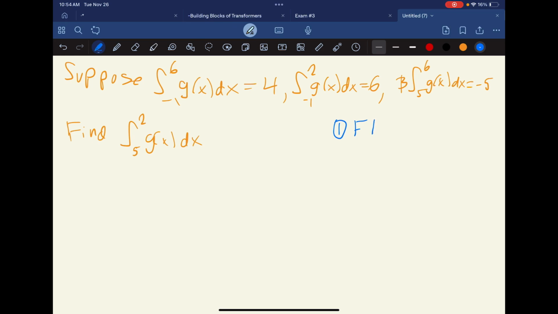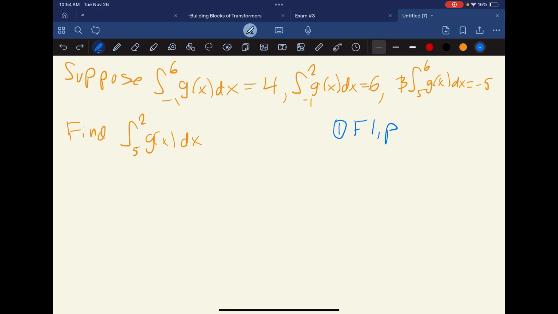The first one is going to be flipping. So flipping is when we have, for example here, 5 to 2. In integrals, you have your top bound and your bottom bound. Your top bound is b and your bottom bound is a, and you need your top bound to be greater than your bottom bound.